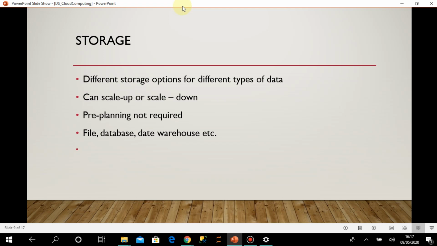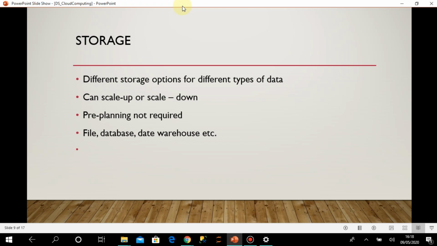So storage solution is very important, especially nowadays. You know that we have a huge requirement of data storage, in different sizes and different types of data we have. So we need different types of storage solutions for different types of data.